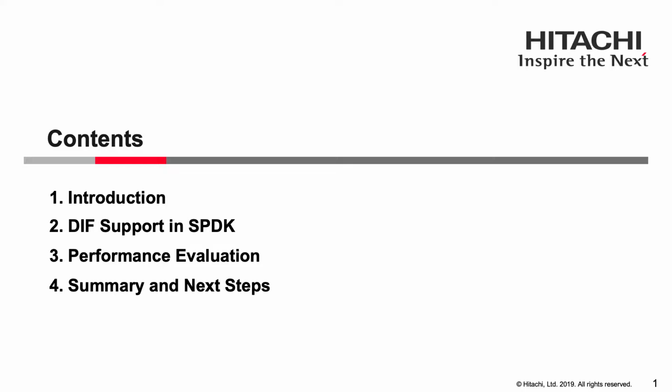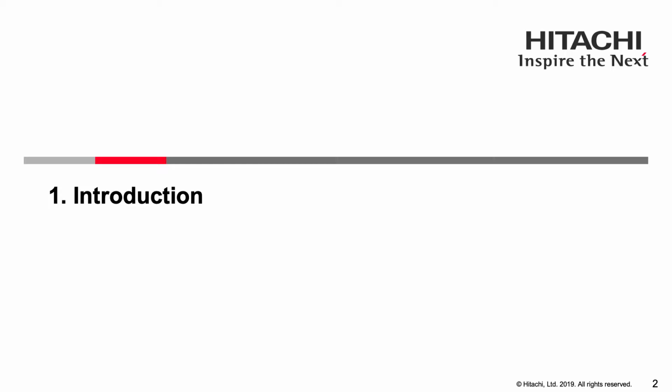End-to-end data protection is not familiar to everyone, so I want to give a brief introduction about data protection. Data protection refers to guarding against data errors which occur during writing, reading, processing, transmitting, or storing, and that cause unintended changes to the original data.